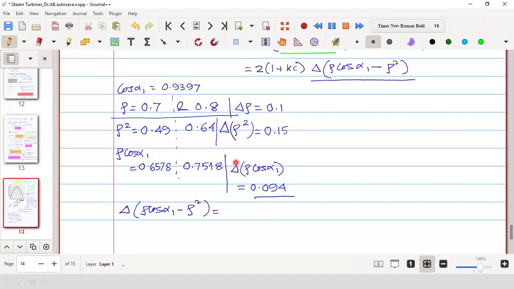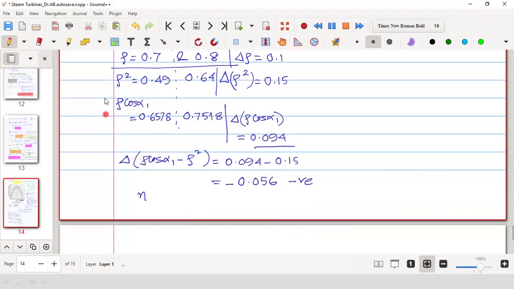Therefore 0.094 minus 0.15, so it is about minus 0.56. তাহলে এটা নেগেটিভ, this is negative, so efficiency will decrease for this change of rho from 0.7 to 0.8.